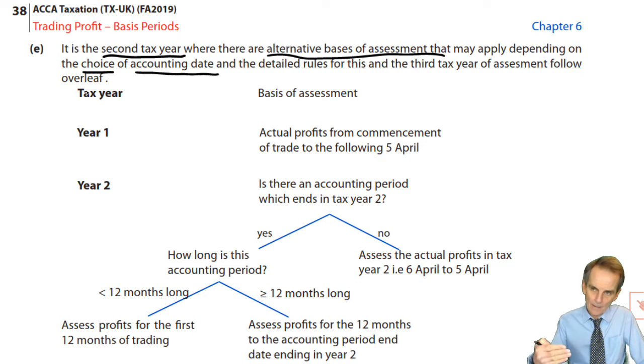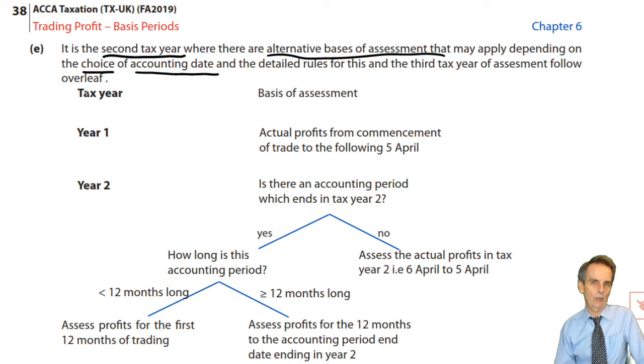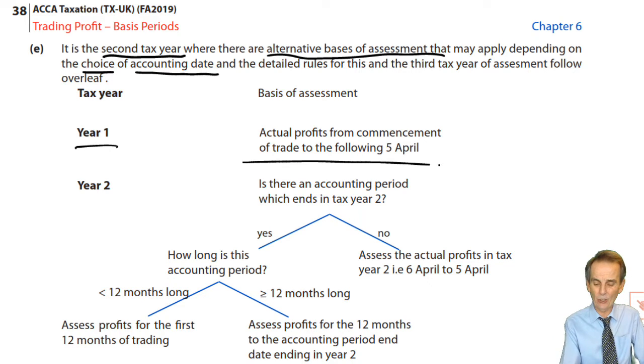What we have said is that you get to choose when you start to trade, and you also get to choose what your accounting date is. So depending on when you started and what accounting date you choose, though we know that the first year will always be actual, year one will be actual here, the actual profits from the start date to the following 5th of April.